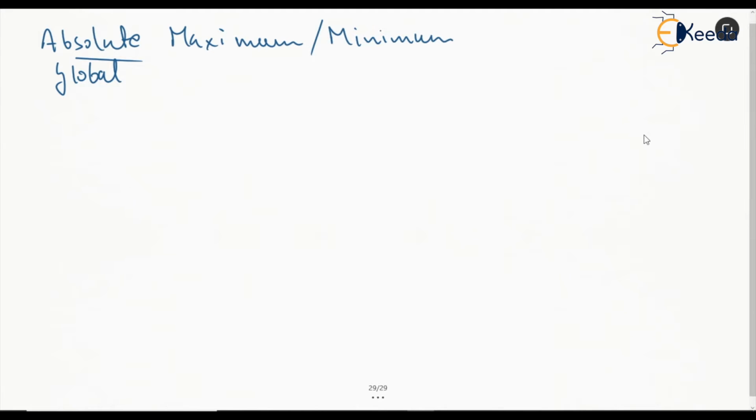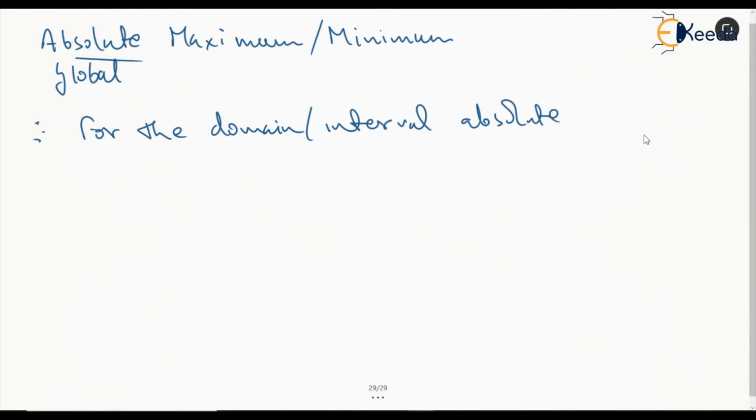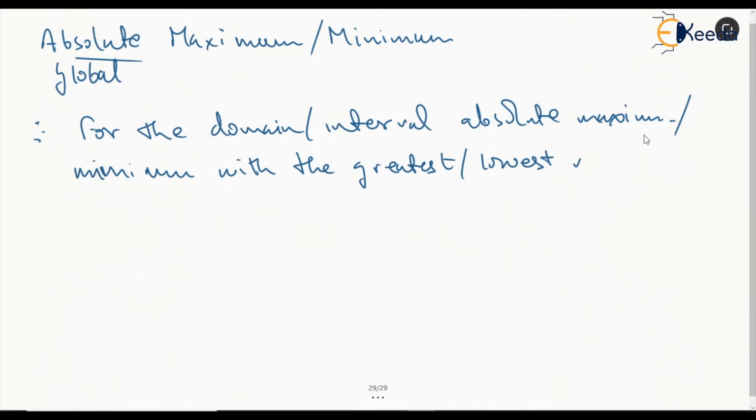But when we are talking about x is a maximum or a minimum at global or absolute level, then it means for the domain or interval provided, the absolute maximum or minimum will be the greatest or lowest value for the function f of x.